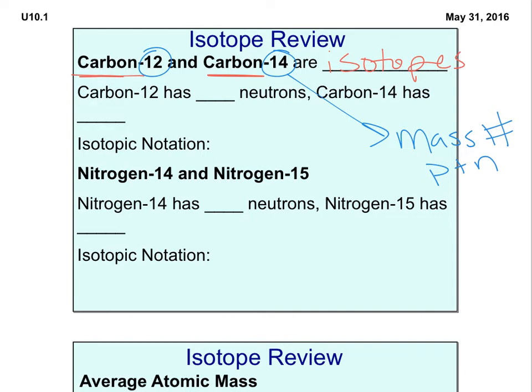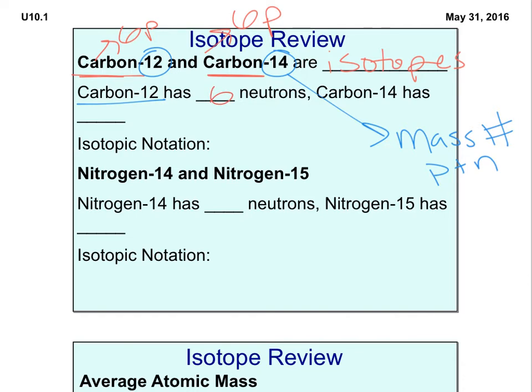So we're talking about carbon, okay? Carbon has 6 protons. And you know that because you could look at the periodic table and see the atomic number is 6. So when we're looking at carbon 12, if there are 6 protons and the mass number is protons plus neutrons, and 6 of them are protons, mass number is 12, there's got to be 6 neutrons.